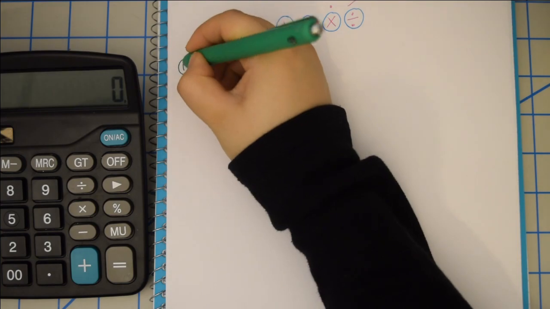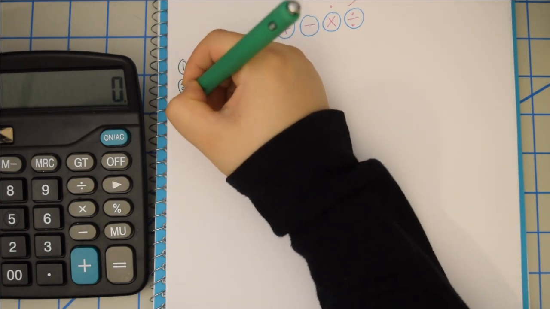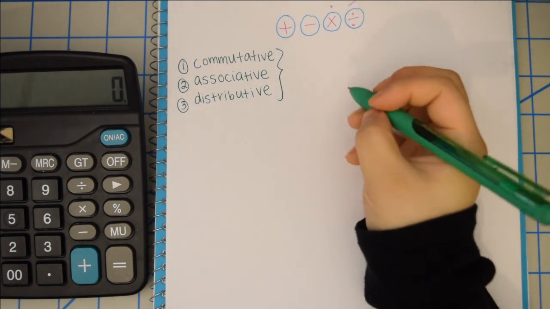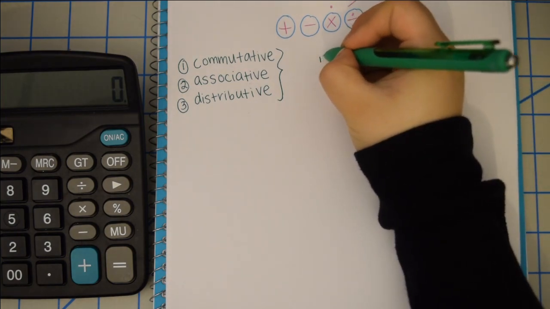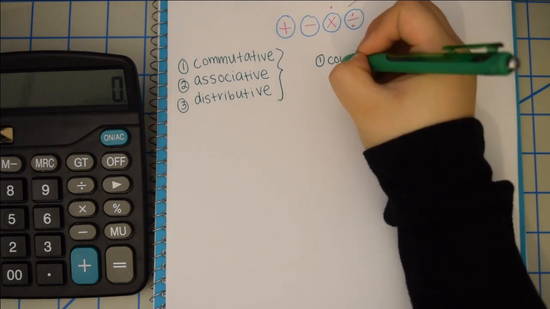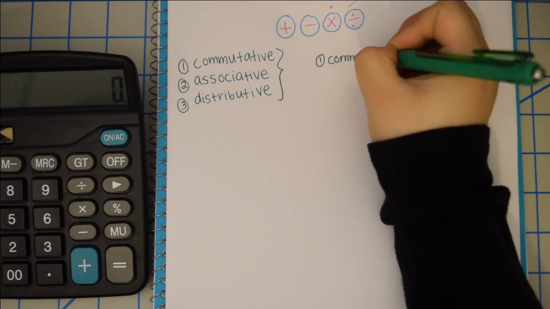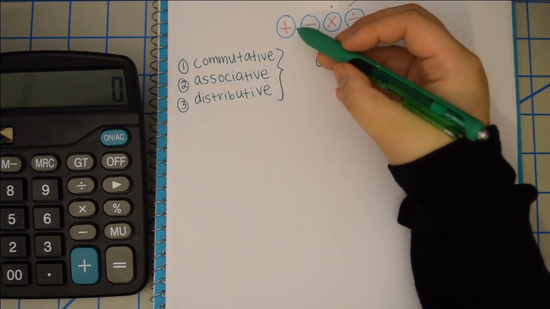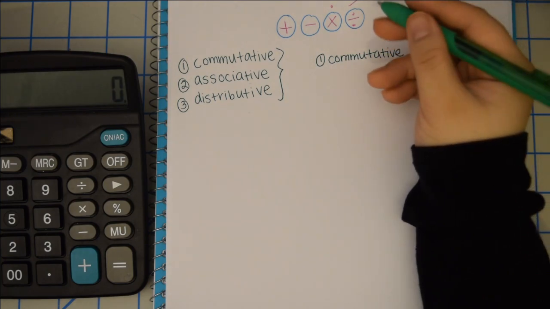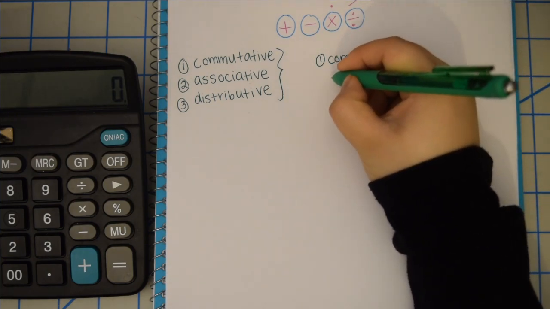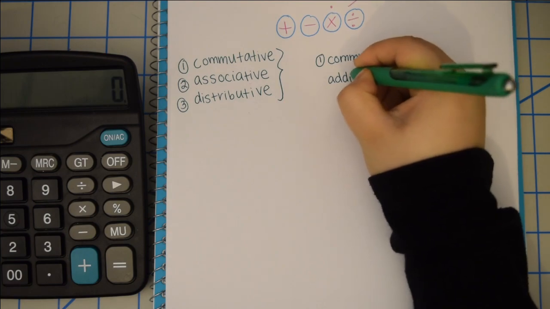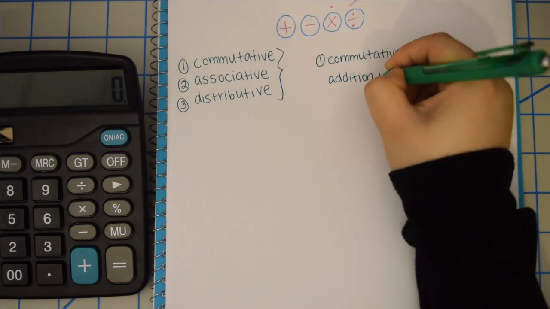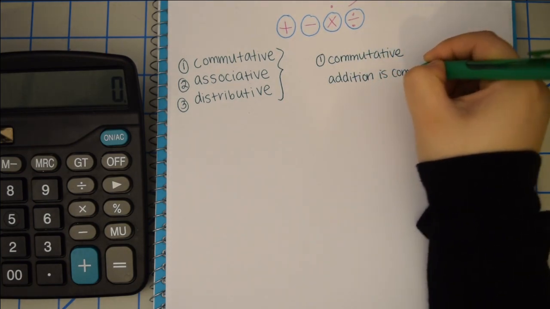So, for those of you who like lists, we'll go in this order. And so let's start with commutative. So, commutative. So remember that these properties apply to the operation itself, right? So for instance, I would say something like addition is commutative.